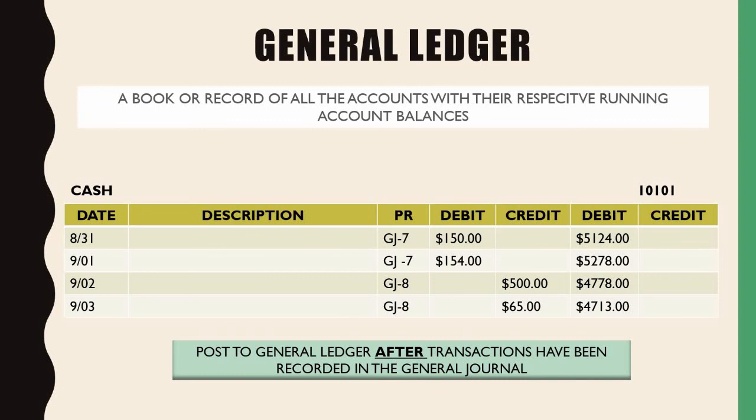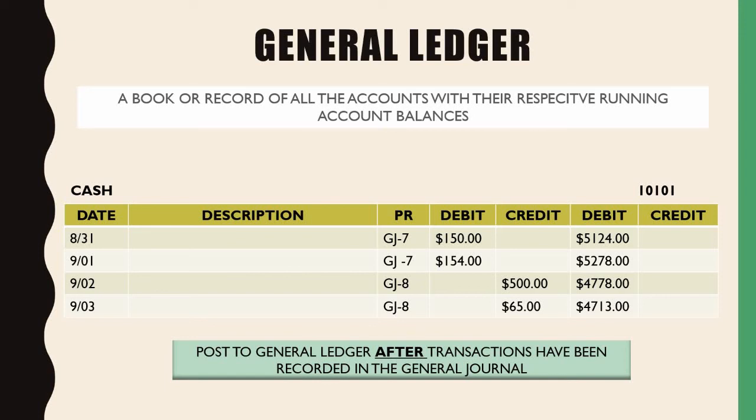It takes the transactions that you have in your journal and puts them into your ledger, but in this case, it gives you a running balance. So, for example, here on the 31st of August, I started out my bank account with $5,124. I had sales.